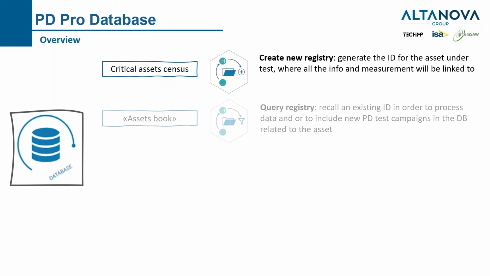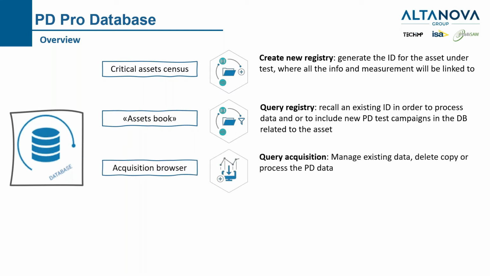We create basically an asset book. We can query the registry, we can recall the existing ID created with the creating registry function, and we can recall it to either process data or to perform new acquisitions. Those will be included in the DB as well.